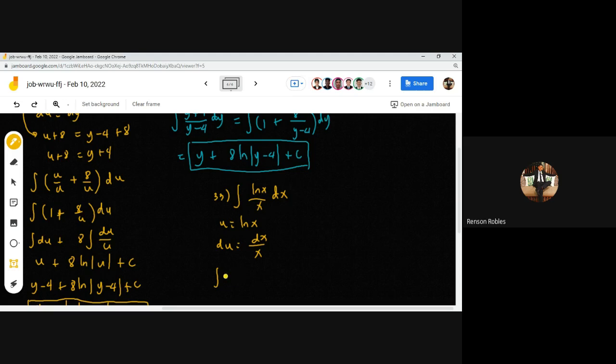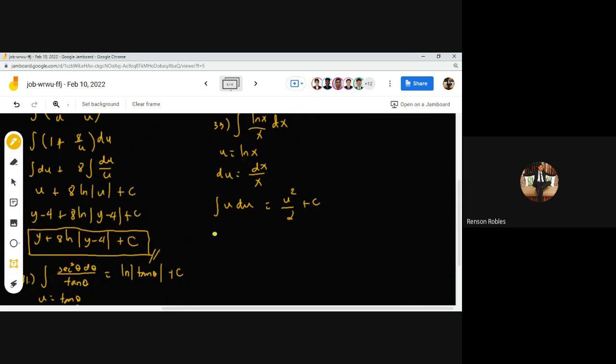This is ln x, so that is your u, and dx over x is your du. And that will lead you to u squared over 2 plus c. It's a power formula. Then you'll have 1/2 u, wherein that's ln squared x, then you add c.